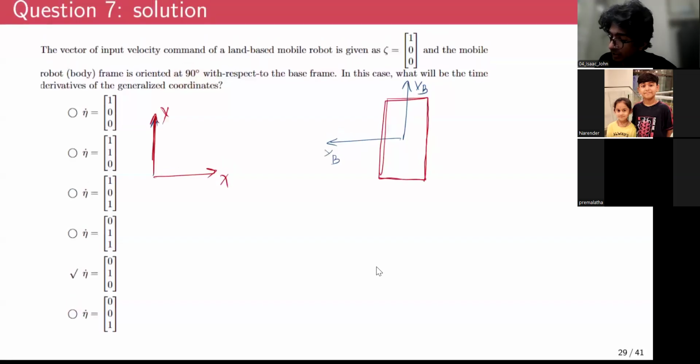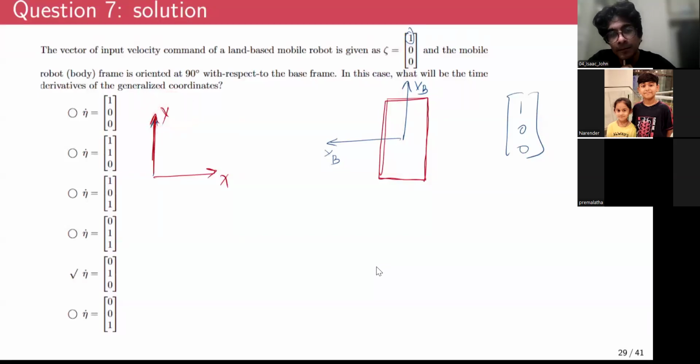Now, the question also says the mobile robot has a velocity 100 with respect to the body fixed frame of reference. So what does 100 mean? It only has a component along the XB axis. It does not have any component along the YB axis or the ZB axis. XB is actually along the Y axis of the fixed frame.